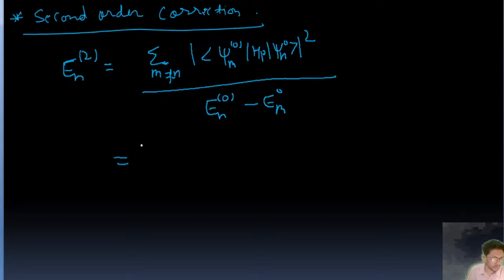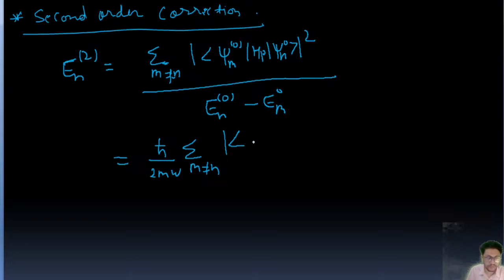So the value of H' is, we know, right? That is x, and this is mod square, right? So this value is going to be h cut upon 2m omega, sigma m not equal to n, and this is going to be mod square of m, a dagger plus a, the value of x we have put.